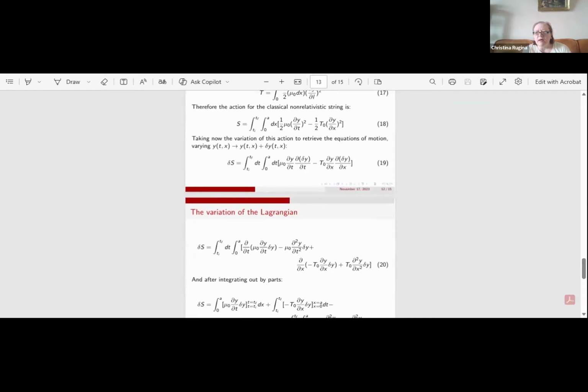So it's 1/2 with this 2 goes. So it's dy dt, variation of dy dt. And here, again, the same way, a variation of delta y dx. And here, you force a total derivative here.